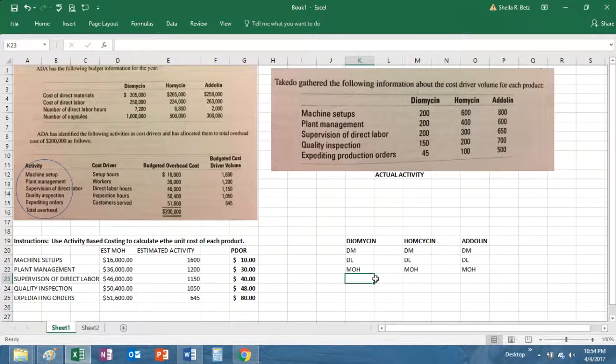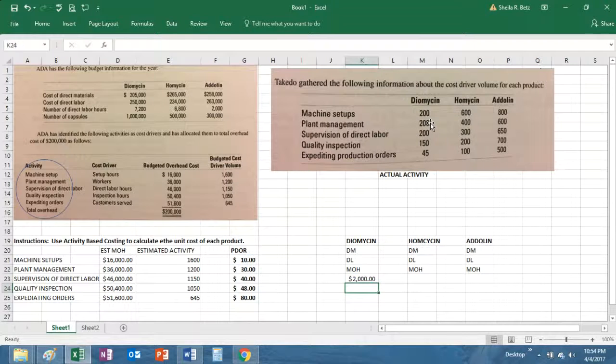So what I'm going to do for the overhead for Dimosine, now that I have my PDOR rates, these are key. I'm going to take each PDOR rate and times it by the actual activity for Dimosine. So we have $10 for every machine setup, and they had 2 machine setups.